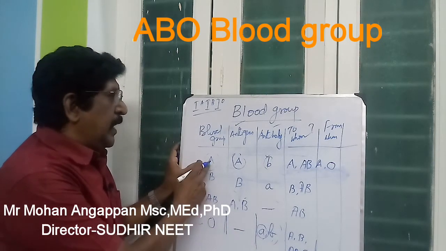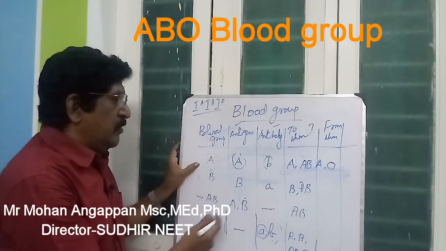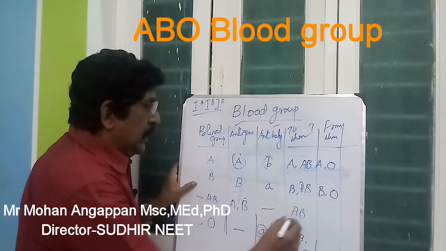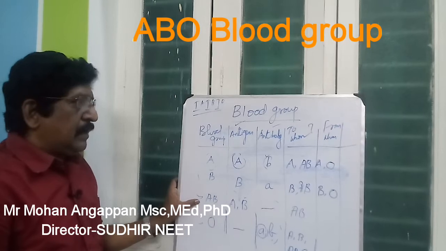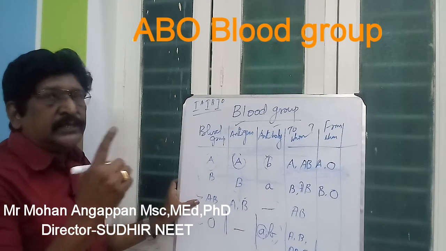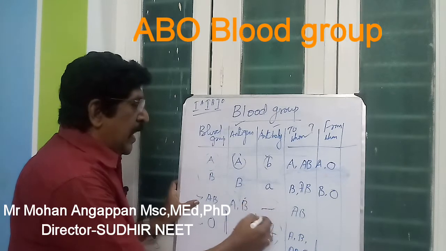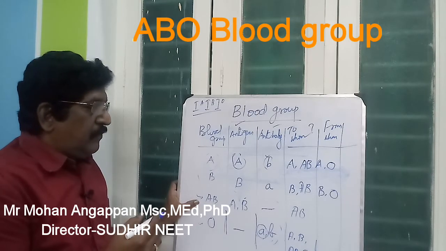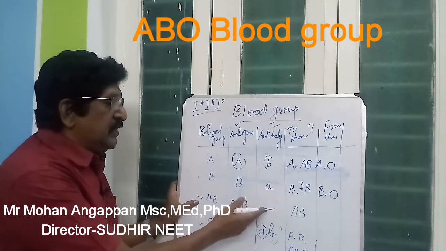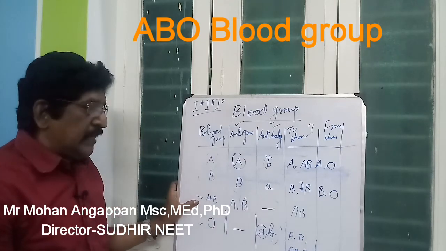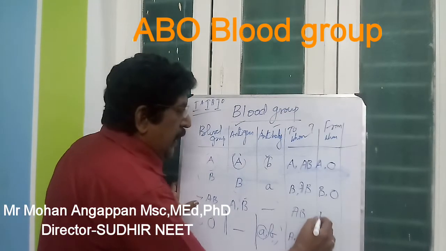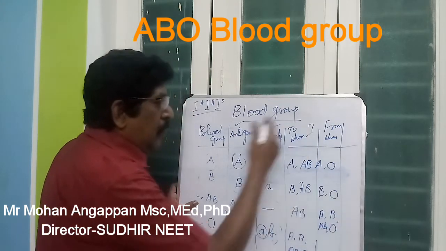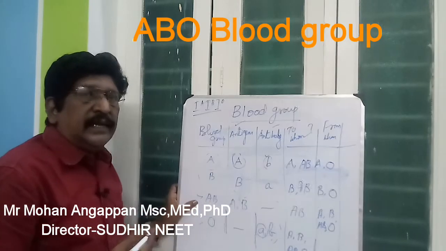So A can get blood from A and O. Likewise, B will get blood from B and O. AB can get blood from all others because there is no antibody at all in the AB group. So whatever the antigen comes, if there is no antibody, there will be no reaction. So from A, B, AB and O, from all others, AB group can get blood.